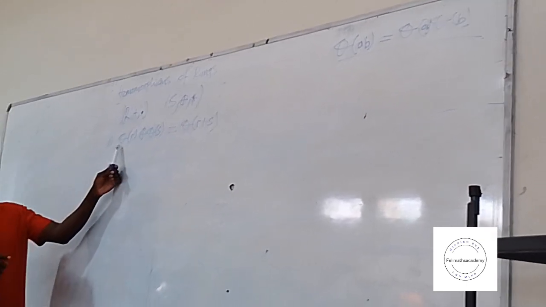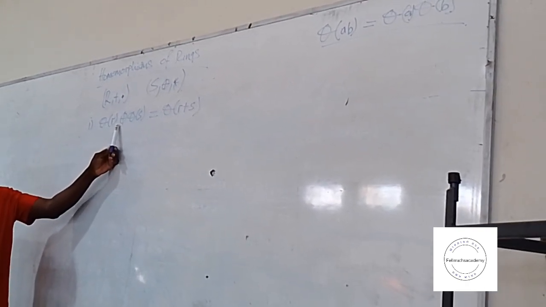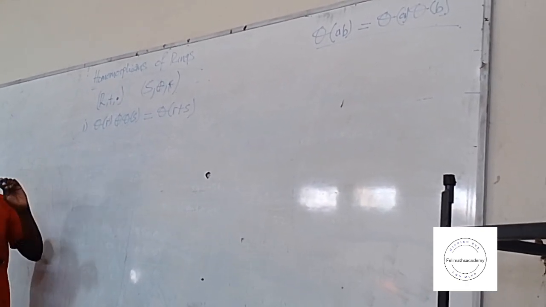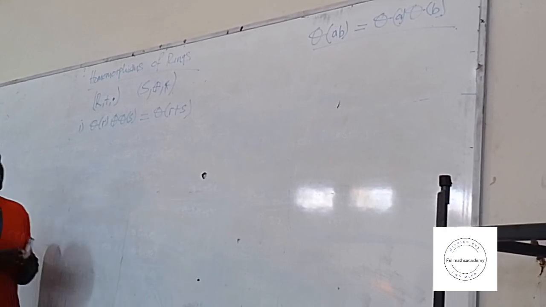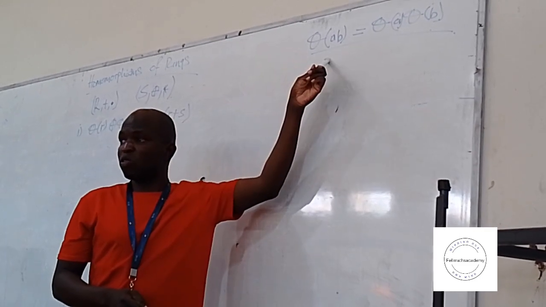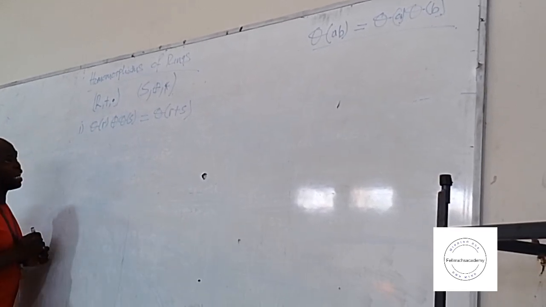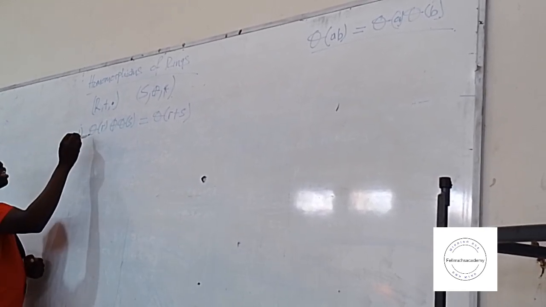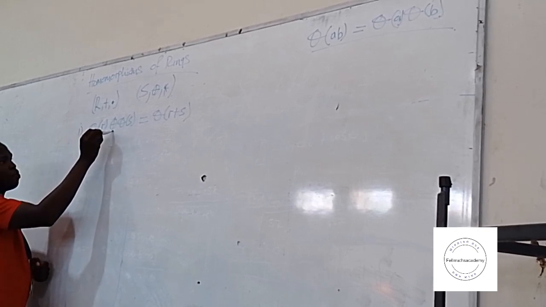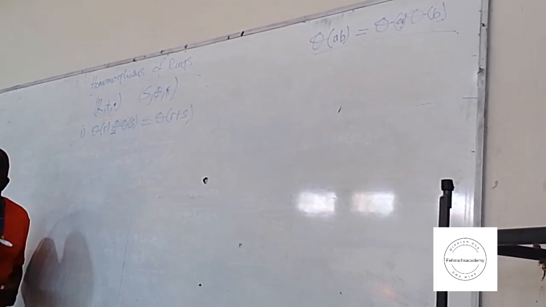So here we are saying theta of r operated upon with this operation theta of s. Okay, it is the reverse. But the emphasis is that we are saying theta of r upon this operation, this one, the first one.